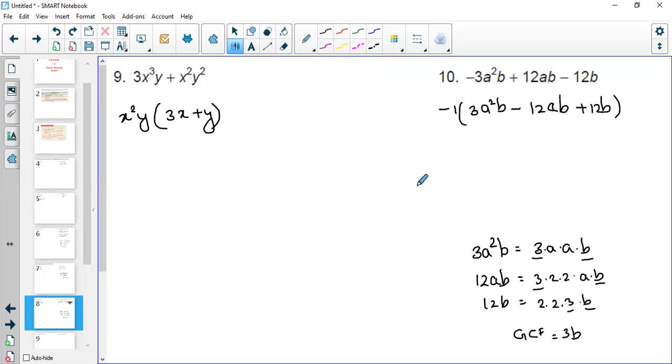So the GCF is 3b. Now leave the 1 like that. Anyhow we are going to multiply that with the factor, the GCF. So divide them, that would leave you with a squared here, and then 4a, plus 12b divided by 3b is going to give us a 4, right?